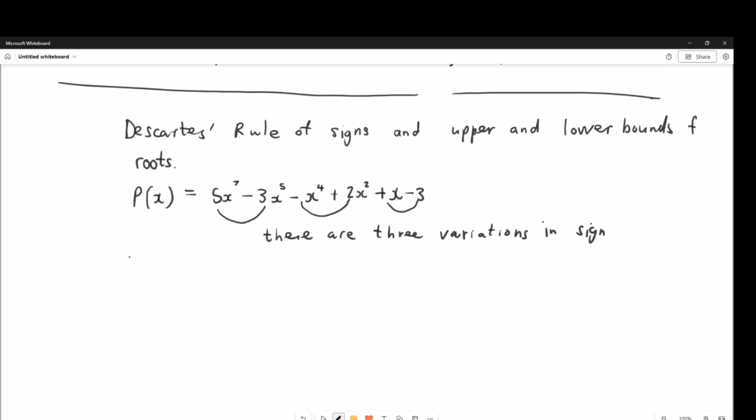This is very important. You want to be able to restrict your roots and see that they lie in an interval on the real line. Descartes' rule of sign.